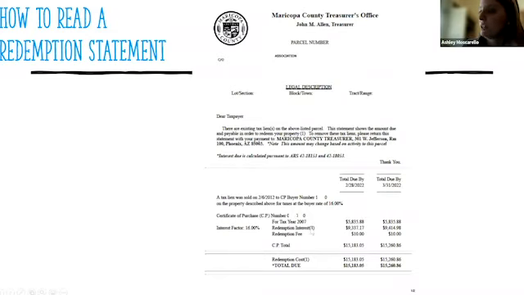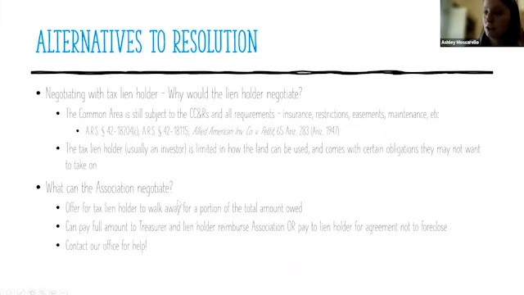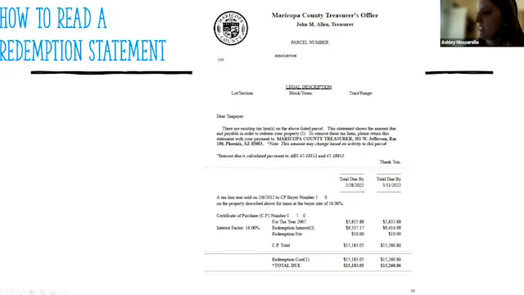And then the redemption interest is $9,337 if paid by February 28th, 2022. So this top column has the current month and then the next month. So for 2/28, the total due, plus you have a $10 redemption fee, the total due to pay it in full and get rid of the lien entirely is $15,183.